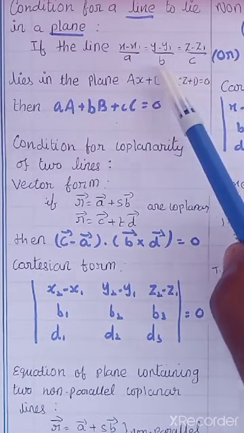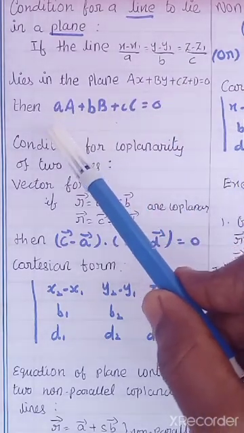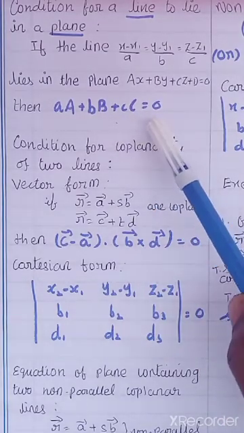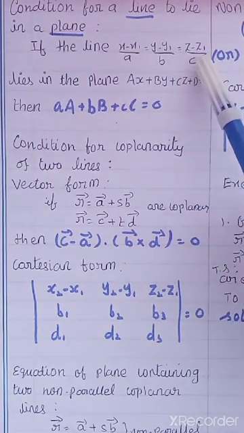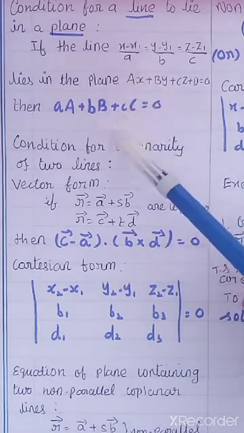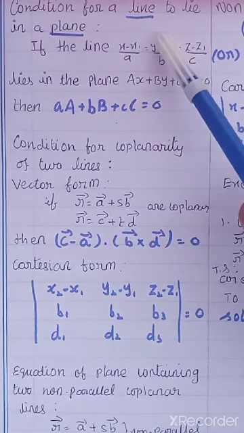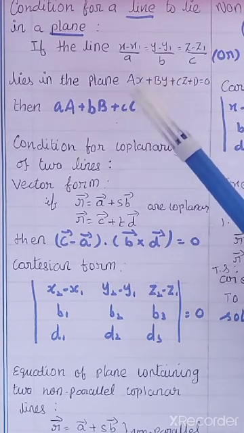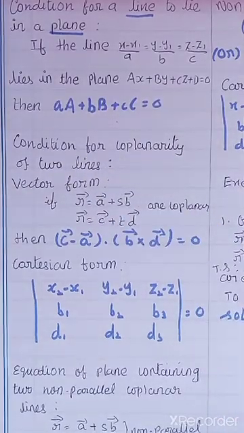Now we have to check whether this line lies in the plane. What is the condition? Aa plus Bb plus Cc equal to 0. That is, you take the vector from the first equation and the coefficients of x, y, z from the second equation, and multiply. If the answer is 0, then you can say that the given line lies in the plane. Is that clear?